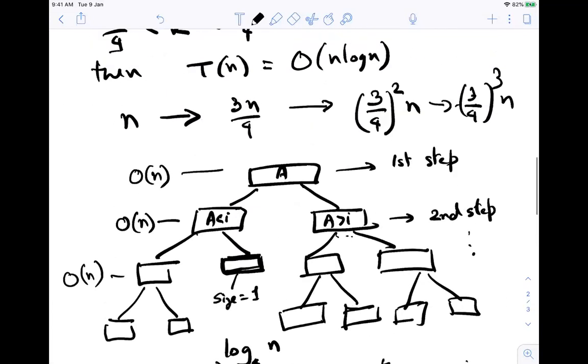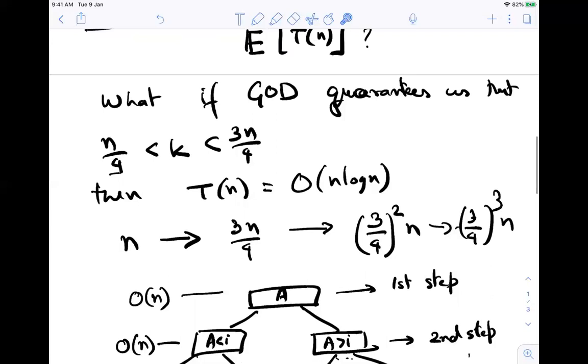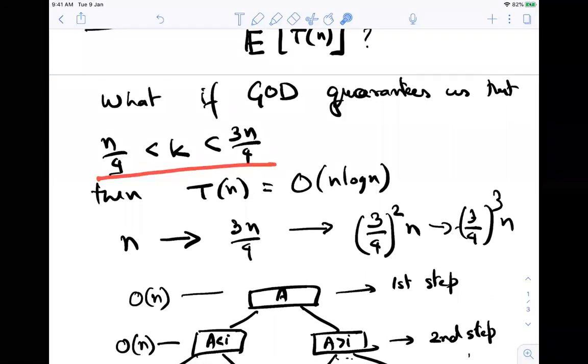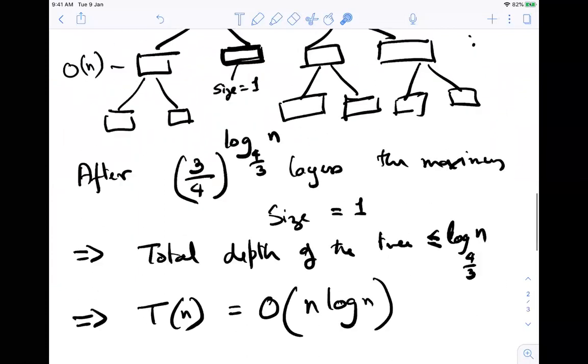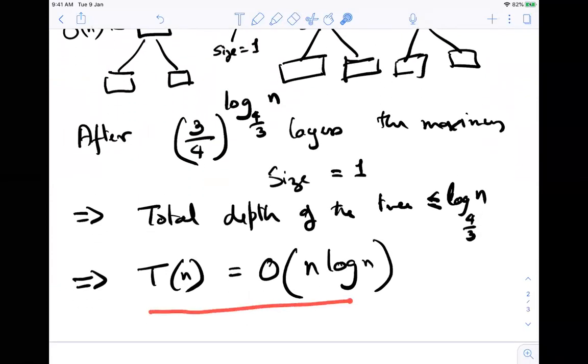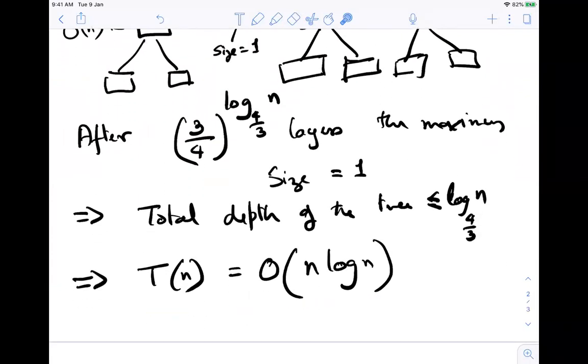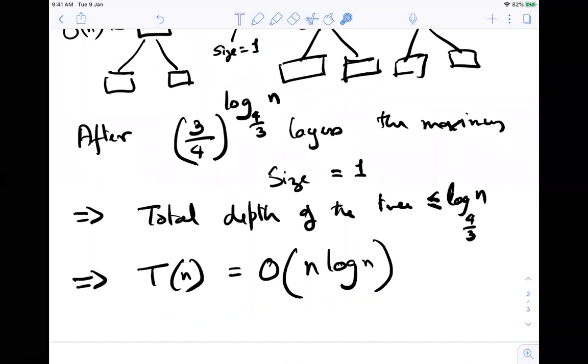Okay, so that means if I somehow guaranteed that k is between n by 4 and 3n by 4, we can guarantee that T of n is at most n log n. It is a similar argument.